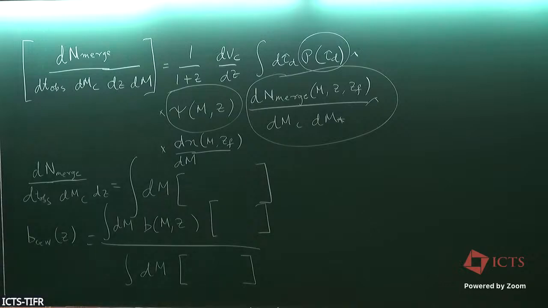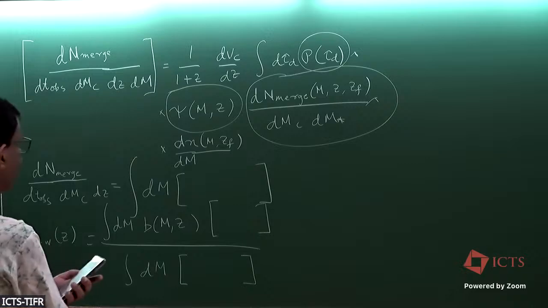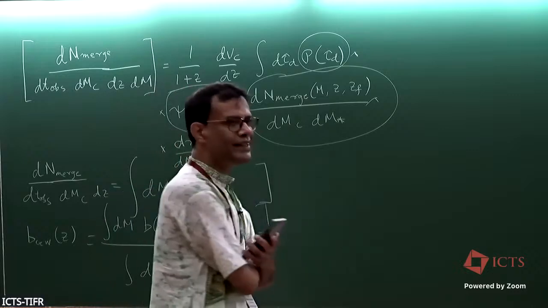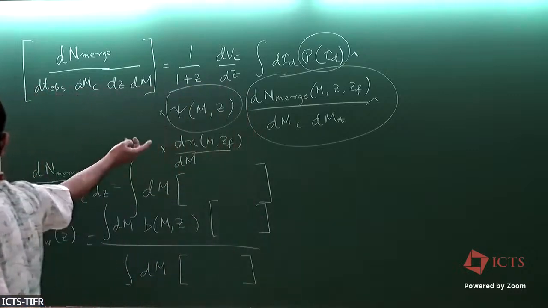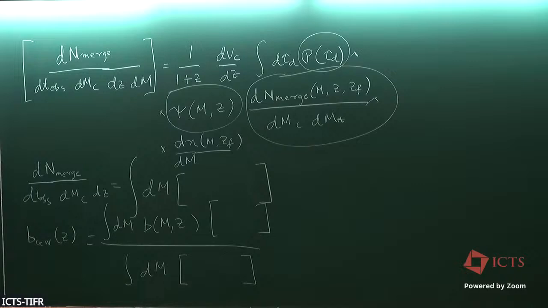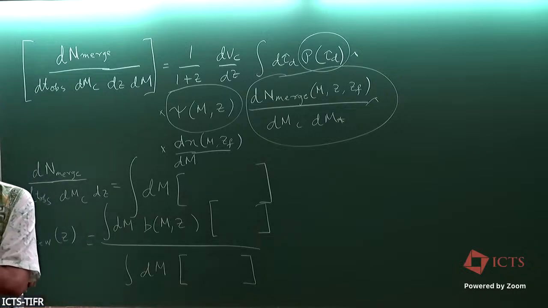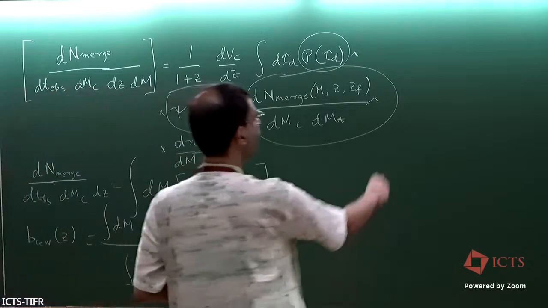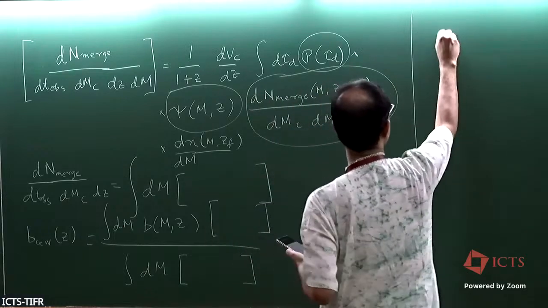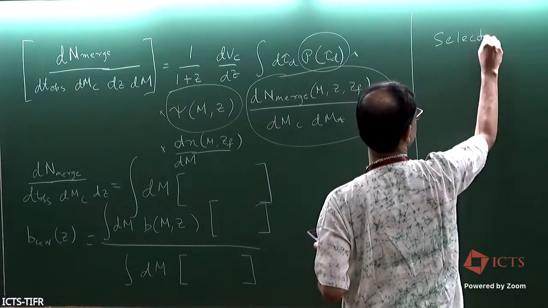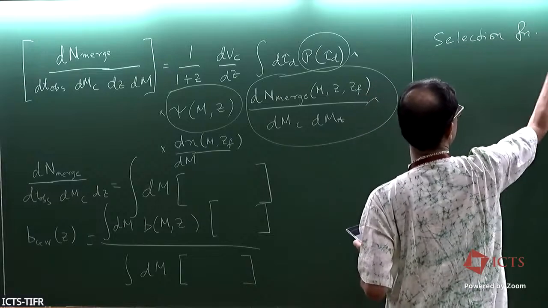These relations are, of course, written under many simplifying assumptions, and let us talk a bit about them. Firstly, these merger events may be occurring, but the resulting amplitude may not be detectable in the detector. So you may need to put some kind of selection function, which we talked about earlier, based on SNR.